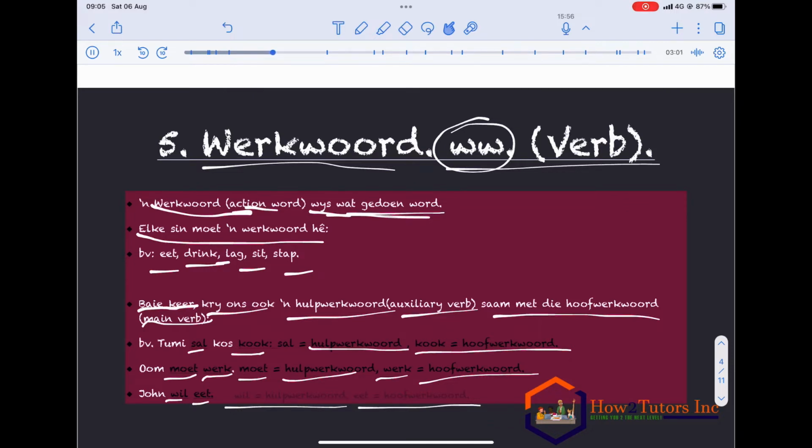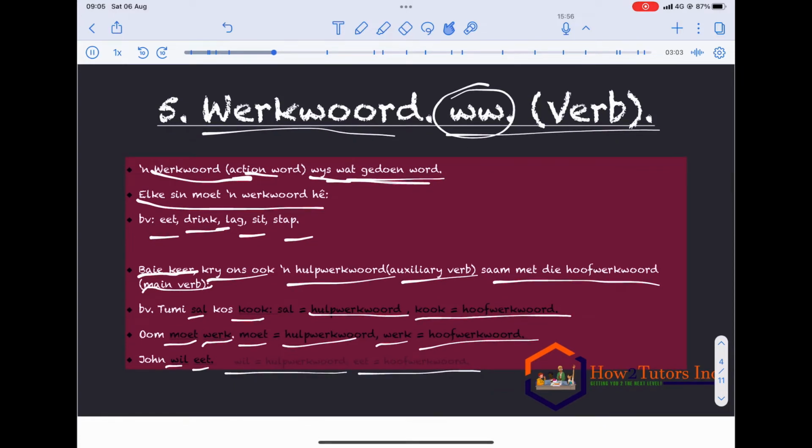Byvoorbeeld, Domi sal, dis your helpwerkwoord, kos kook. So sal is your helpwerkwoord and kook is your hoofwerkwoord. As jy 'n sin kry wat 2 werkwoorde het, if you get a sentence that has 2 verbs, know that the first verb will be your auxiliary, your helpwerkwoord, and die tweede werkwoord, the second one, will be your hoofwerkwoord, your main verb.